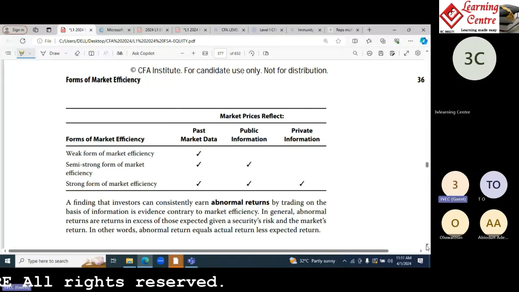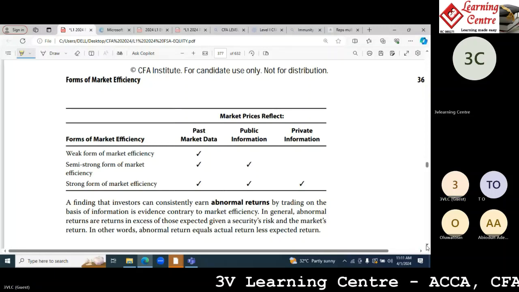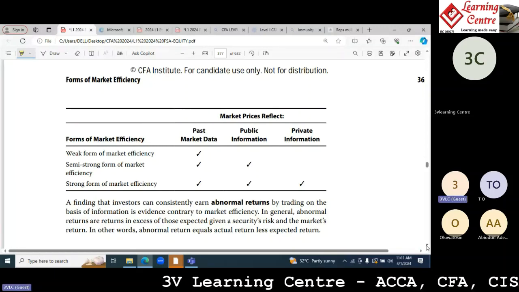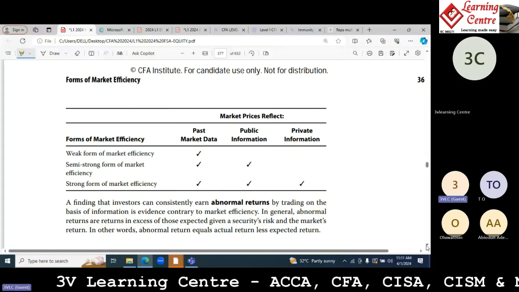And technical analysis is a form of analysis that takes prevalence in analyzing what? Past data. So if you are going to analyze past data to make investment decisions, you are wasting your time, because past market data is already incorporated in the market. Now, moving on to semi-strong.